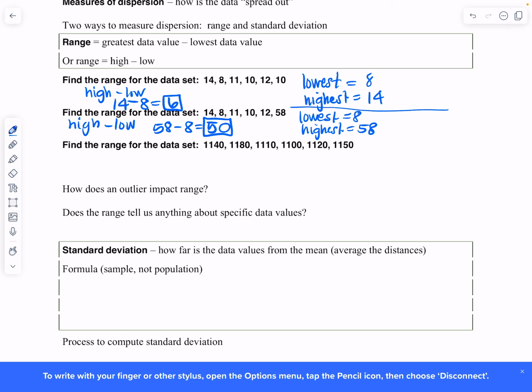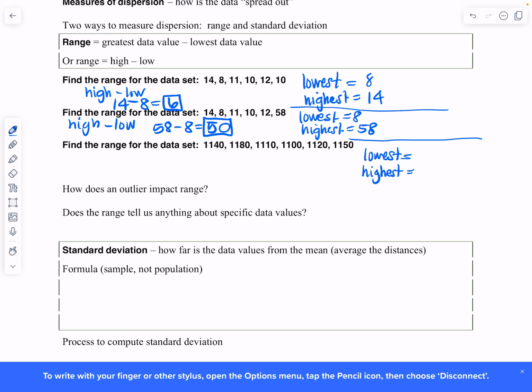Find the range of the data set 1,140, 1,180, 1,110, 1,100, 1,120, and 1,150. Again, I'm looking for the lowest value, or the smallest one, and the highest one. So let's look carefully. All of them are in the 1,000s, in the 100 range.